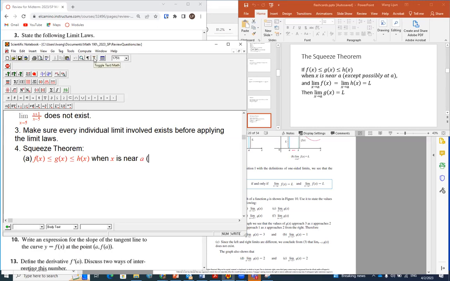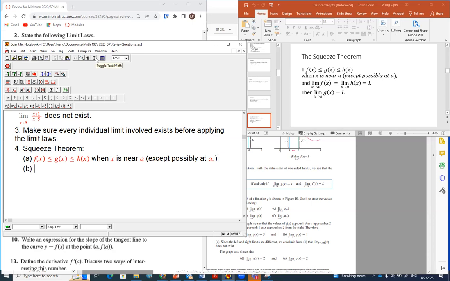So all three functions don't have to be defined at A. But if one of them is defined at A, no problem. If two of them are defined at A, no problem. Three of them defined at A, no problem. If none of them are defined at A, no problem. That's what it says, okay? So when x is near A, except possibly at A. As we chew on these words, we understand the implication, right? So that's the first condition.